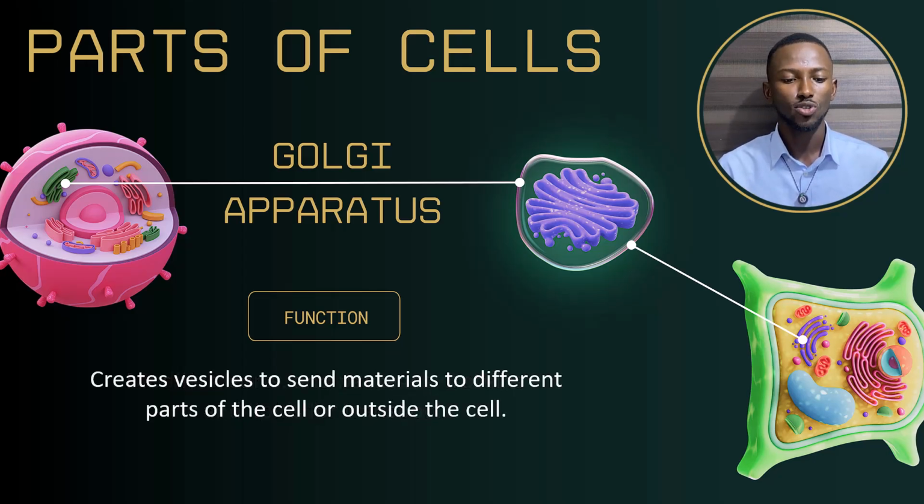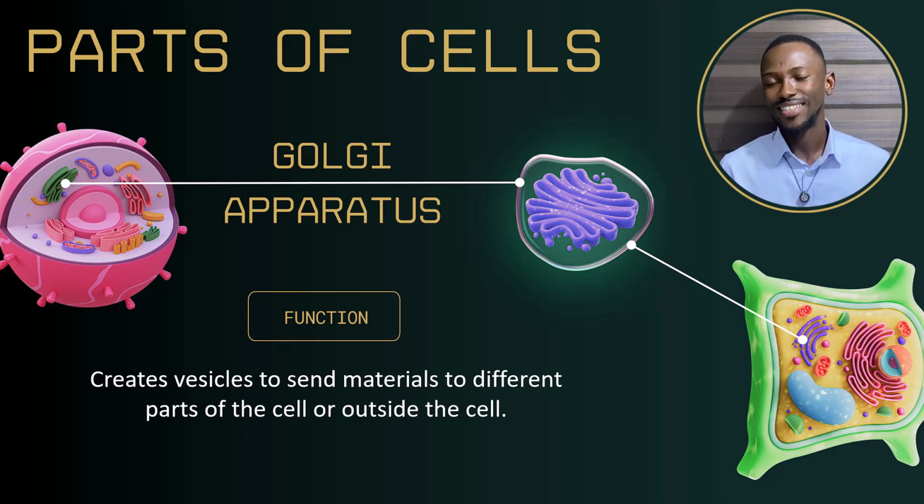And then it also creates vesicles to send materials to different parts of the cell or outside the cell. So we can think of the Golgi apparatus as the assembling and transport guys of the factory.